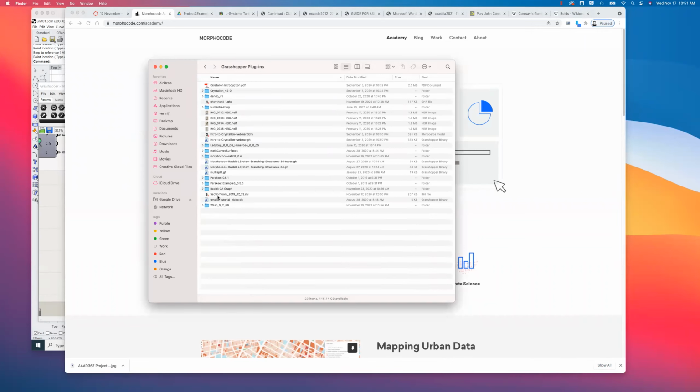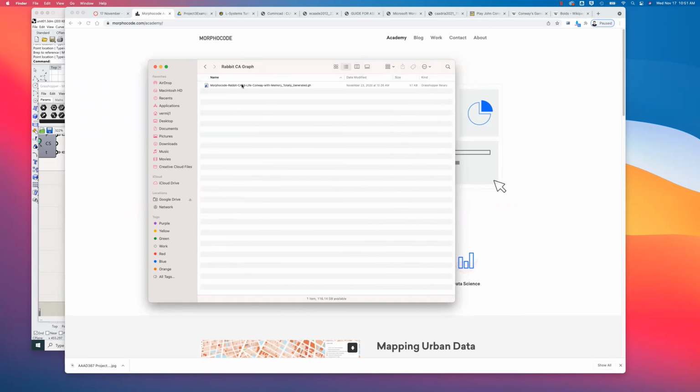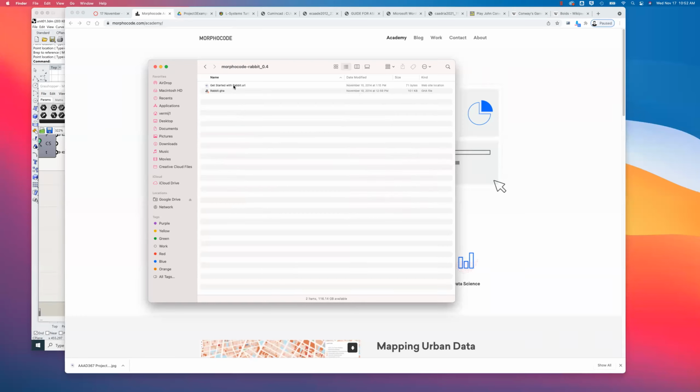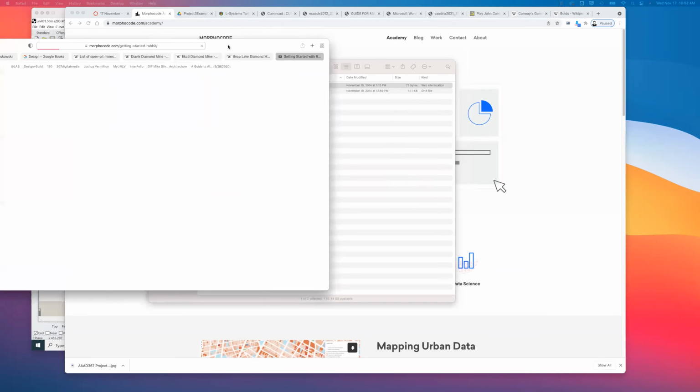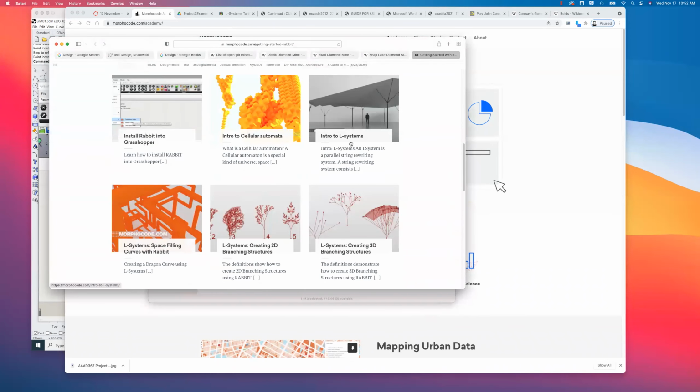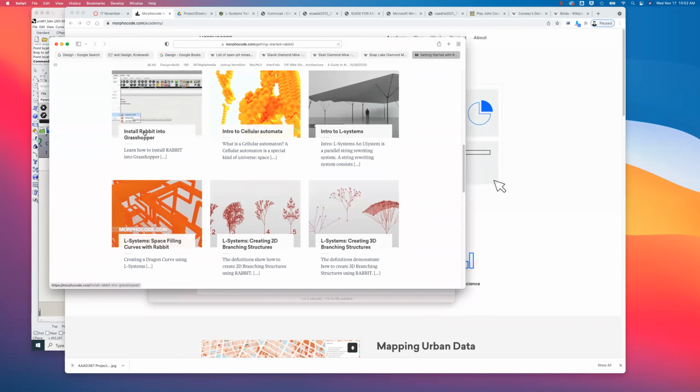Let's see, parakeet, wasp, rabbit, CA. All right, here we go. Morphocode rabbit, get started with rabbit.url, right? So that's a website, course details, tutorials, intro, install.